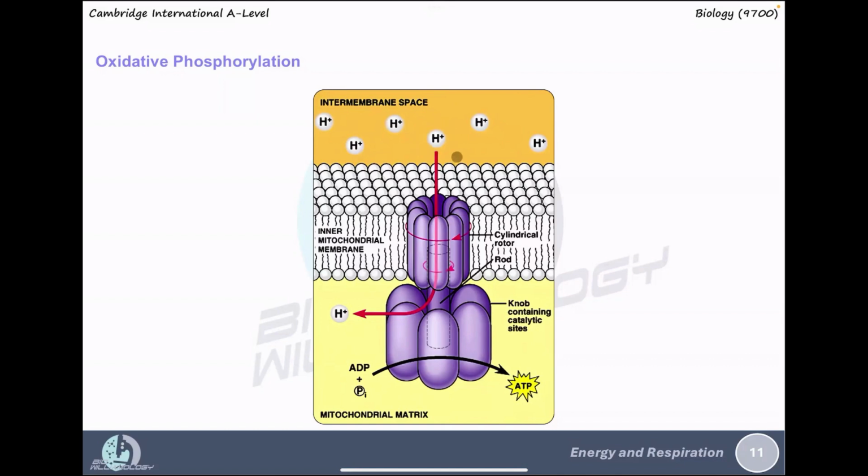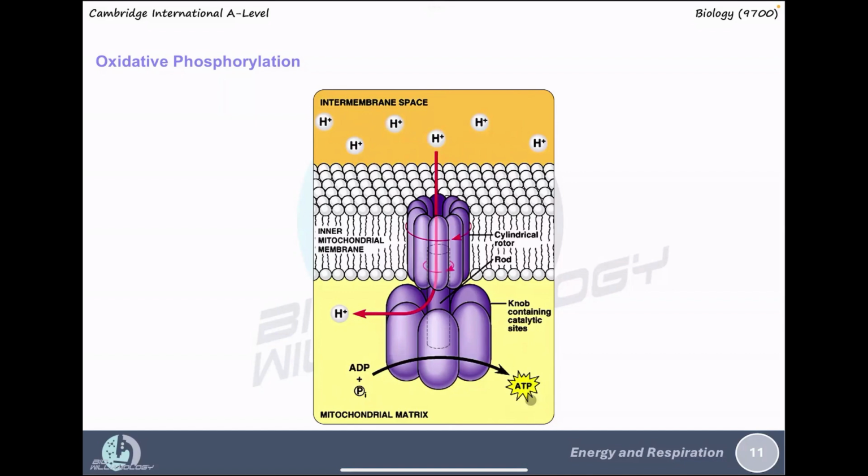The only way for protons to cross the inner mitochondrial membrane is through the proton channel, which is associated with ATP synthase. ATP synthase is an enzyme that catalyzes the phosphorylation of ADP to form ATP.